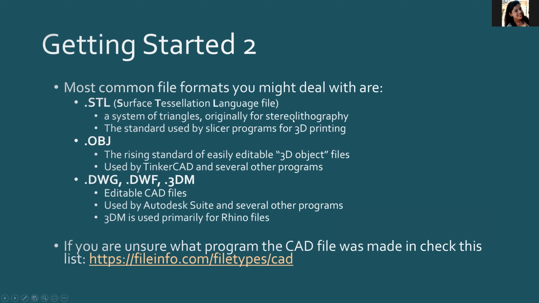Now, when you bring in a file, it's going to be a little bit limited as to what you can do with it. As you've seen in maybe some Autodesk programs or even SolidWorks, you can only do so much with some of those. But there are little things in Rhino where you can convert things back into poly surfaces and that sort of thing.